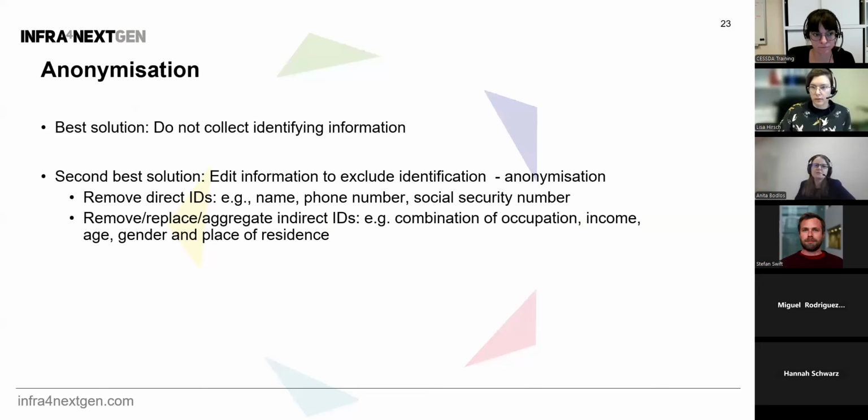When it comes to indirect identifiers, the process is usually more tricky and can involve removing information, replacing information, or aggregating information. For instance, the combination of occupation, income, age, gender, or place of residence. You could recode the age of your respondents to age categories. So instead of the precise age, you could have age categories like 21 to 30, 31 to 40, and so forth.